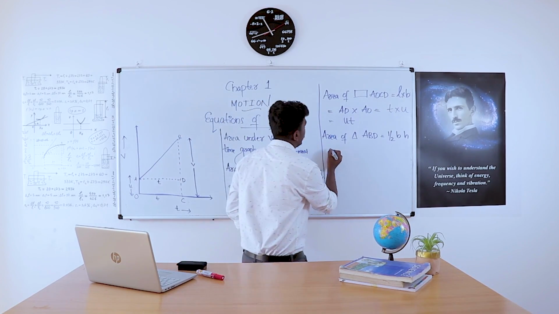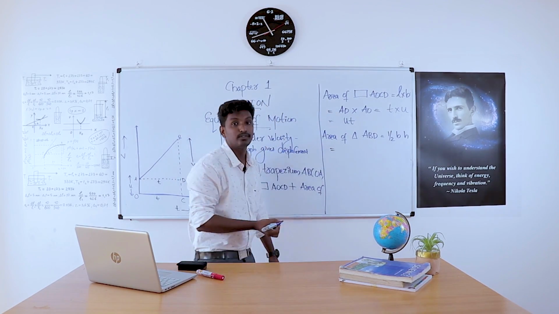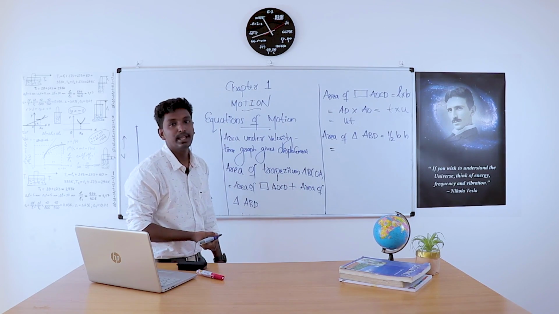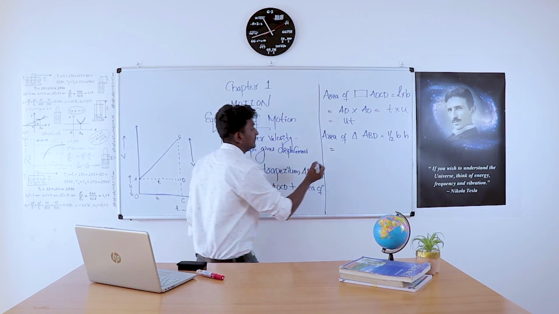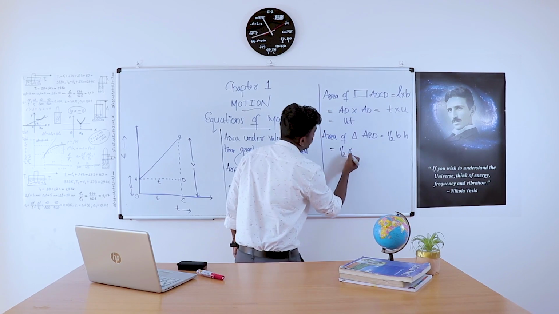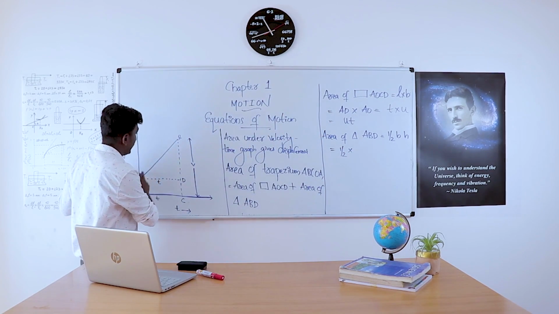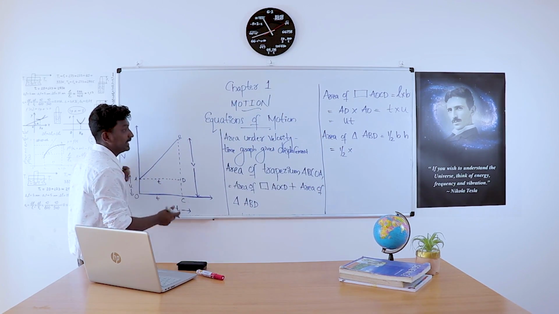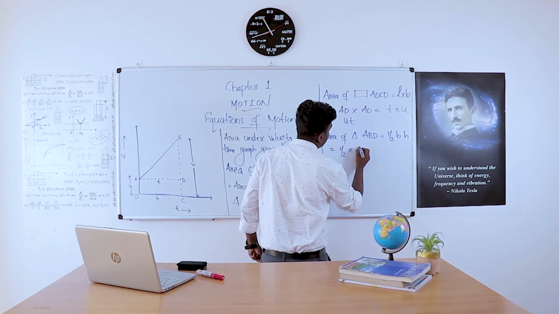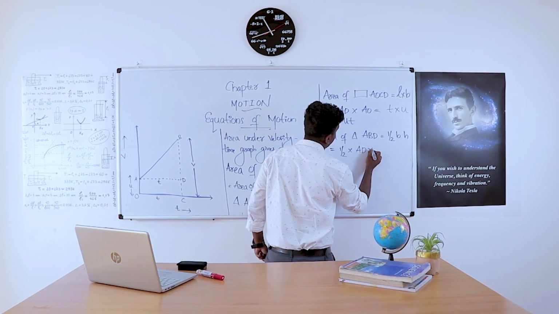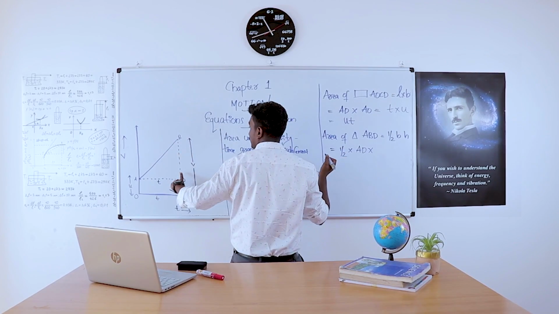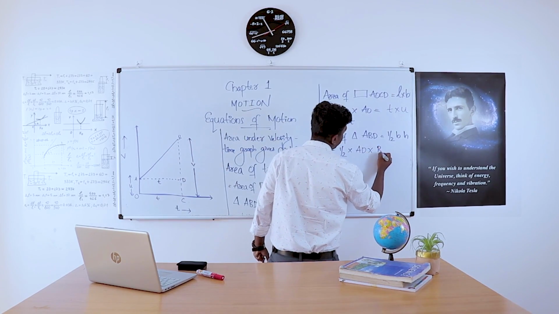That's the equation for finding the area of a triangle. Look at this triangle ABD. What's the base? AD is the base. Half into AD into height. What's the height? BD is the height.